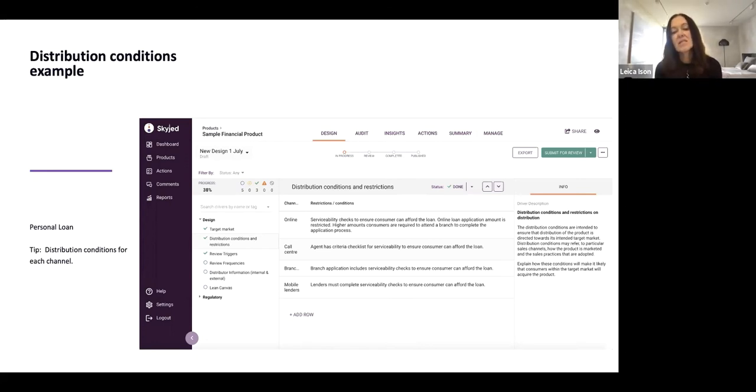And I'm listing down the conditions for each of those distribution channels. I'm discussing those with my legal team and my sales team, but I'm listing out very specific conditions in this tab for those distribution conditions and restrictions on the sale of that product and the marketing of that product into the distribution channel. I've ticked that one off.